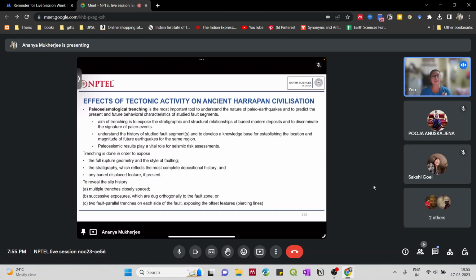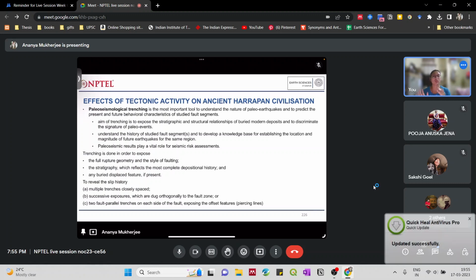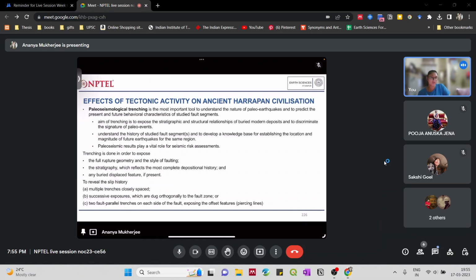We can also understand the history of the fault segments, and develop where the location and magnitude of future earthquakes could be. So trenching could also be used in seismic risk assessment.